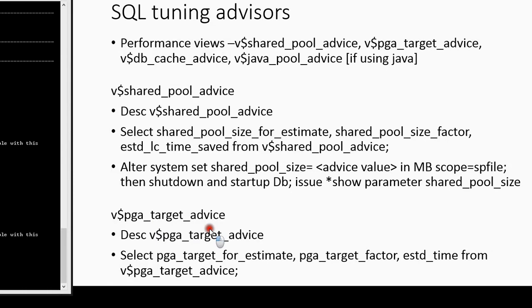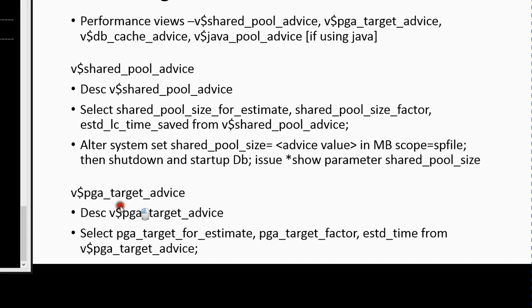I'm not going to do one for PGA because I have automatic memory management configured. If you guys can just get a sense of what's going on: the first thing you're doing is you do a select statement to see the individual values, and then you basically just alter the system to the recommended setting.